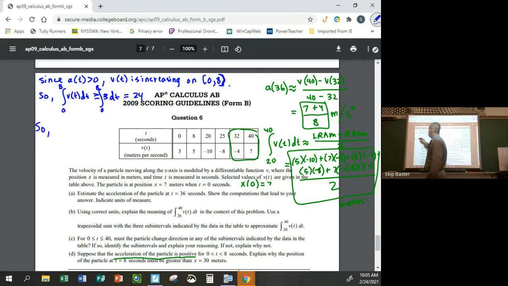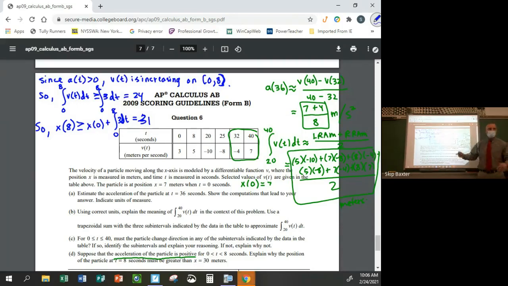So x of 8 has to be greater than or equal to x of 0 plus the integral from 0 to 8 of 3 dt, which is 31. Is that right? 7 plus 24 is 31. Done. Does that make sense?